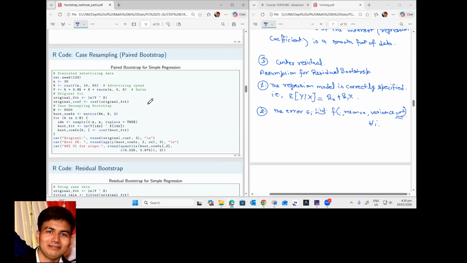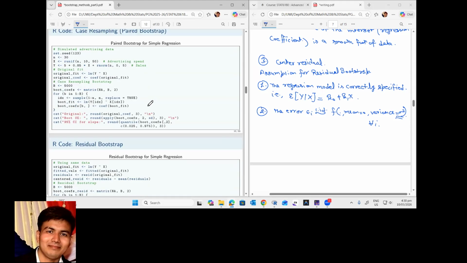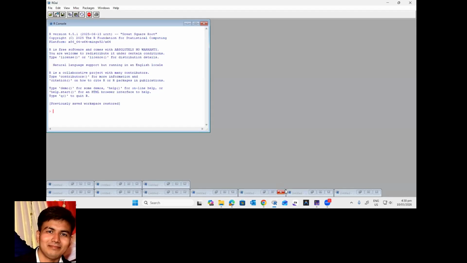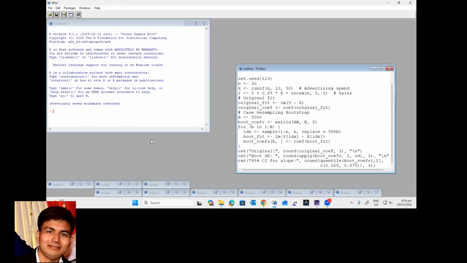So here we have the R code. We just check how it will work. On the R programming, we check this one. So here we have this code for our given data set.